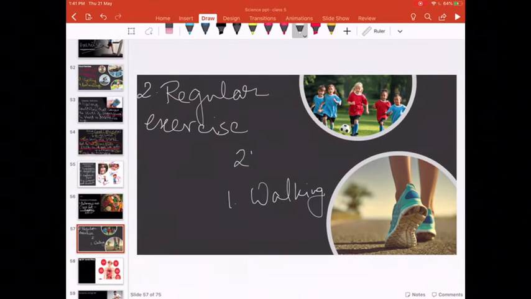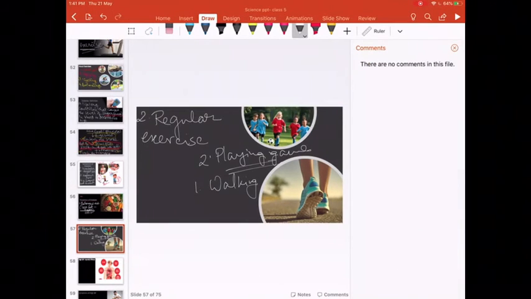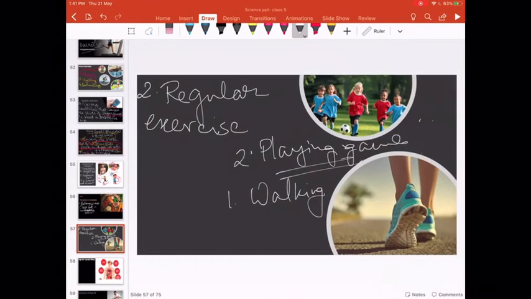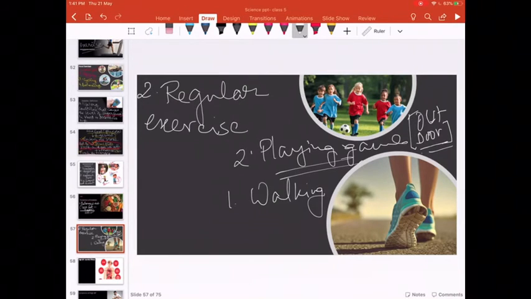walking. And yes, of course, you children, you must get involved in playing games. Not video games, but outdoor games like running around, skipping, playing football, playing cricket.